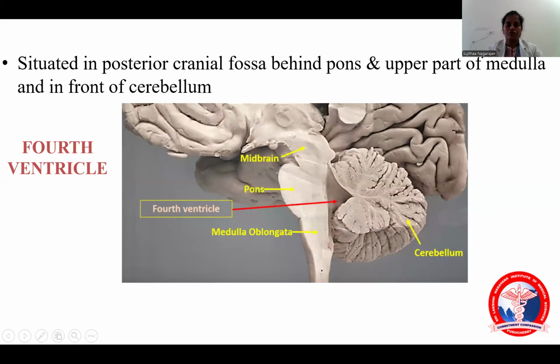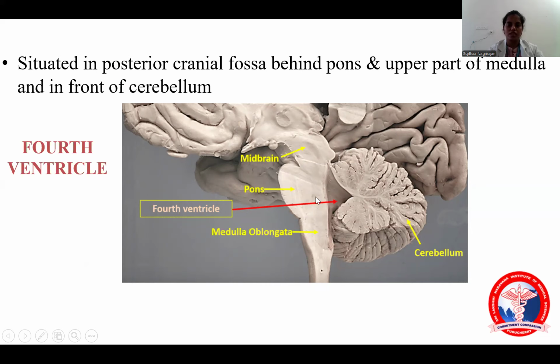Now, this fourth ventricle is situated in the posterior cranial fossa, behind the pons and upper part of medulla and in front of the cerebellum. So in this picture, this is the cerebellum, and the fourth ventricle is present in front of the cerebellum. This is the part of the brainstem, which is the pons and the upper part of the medulla oblongata.